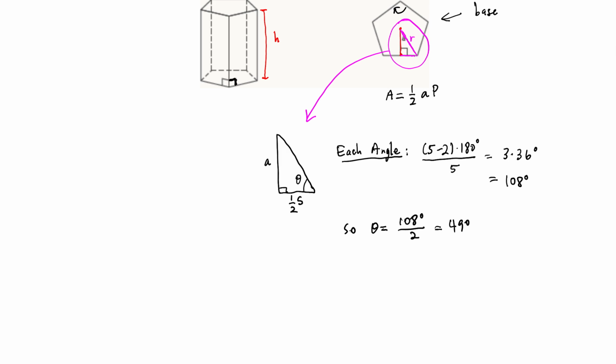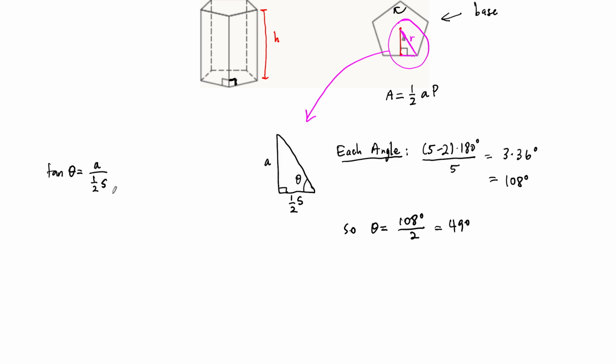So we can now use trigonometry. So 1/2 S is going to involve the tangent. Let me write this out a little bit better. The tangent of this angle is the opposite over the adjacent. So the tangent of theta is equal to the opposite, A, over the adjacent, which is 1/2 S.